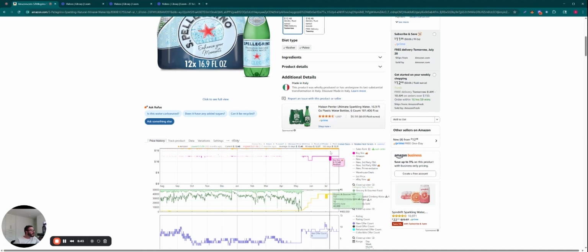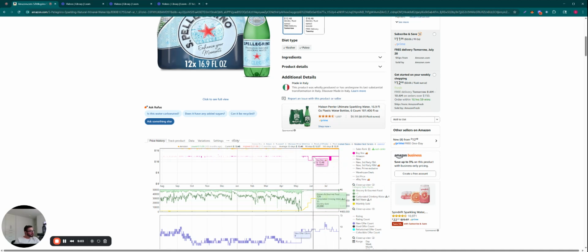So I know that if I buy this product, by the time I get it from my supplier to my warehouse and sent in directly to Amazon, it's probably going to be the same price. And my calculations that I did to make sure I was profitable on this item are going to be probably pretty spot on because the price didn't move much.